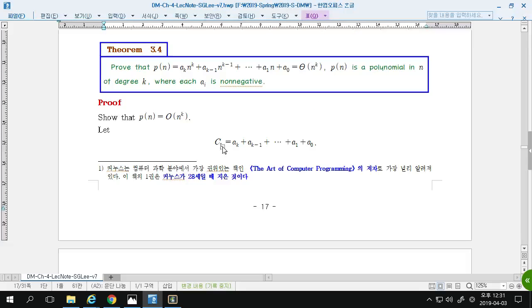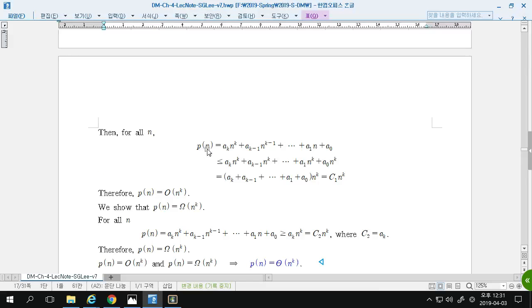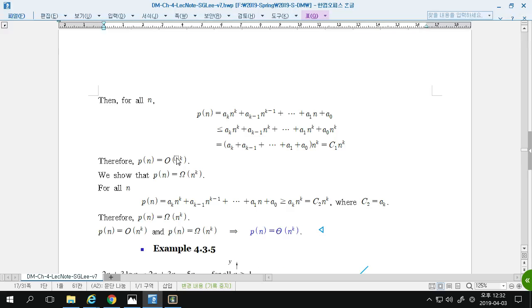Let C1 be the sum of all the coefficients. Then clearly P of n is less than or equal to the summation of C1 times n to the k. So if we choose this as C1, we always have this upper bound. So C1 can be chosen to show P of n is big O of n to the k.